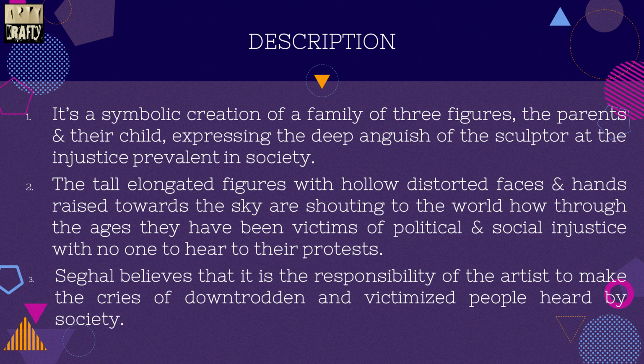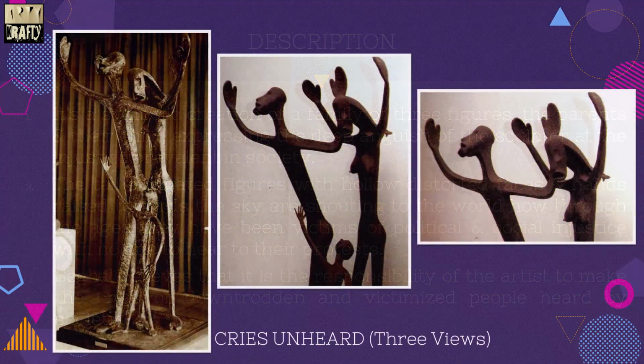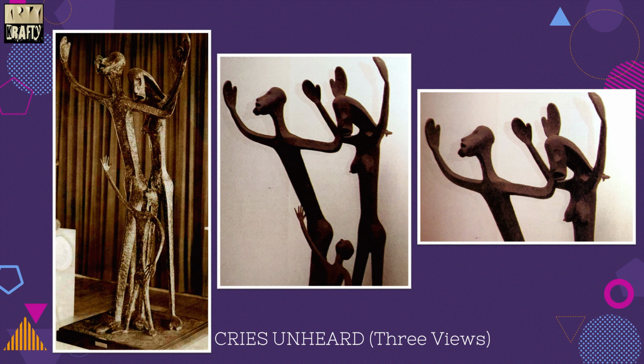Sehgal believes that it is the responsibility of the artist to make the cries of downtrodden and victimized people heard by the society. These are the three views of the sculpture Cries, Unheard.